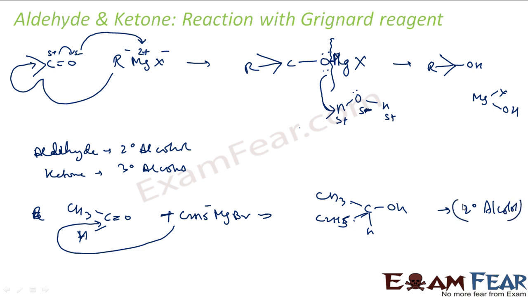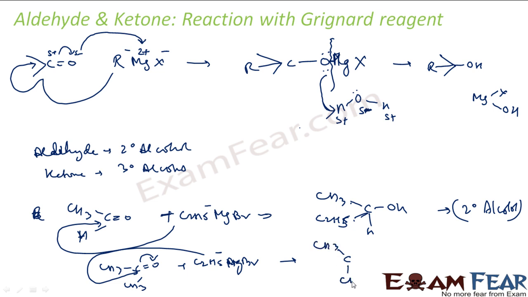Correct? Instead of this, if I use, let's suppose, a ketone, and with this again C2H5MgBr. C2H5 has a negative charge, attacks this carbon, MgBr goes off. What you get is CH3 here, CH3 here, here my C2H5 will come, and here O minus, and then H plus will come.